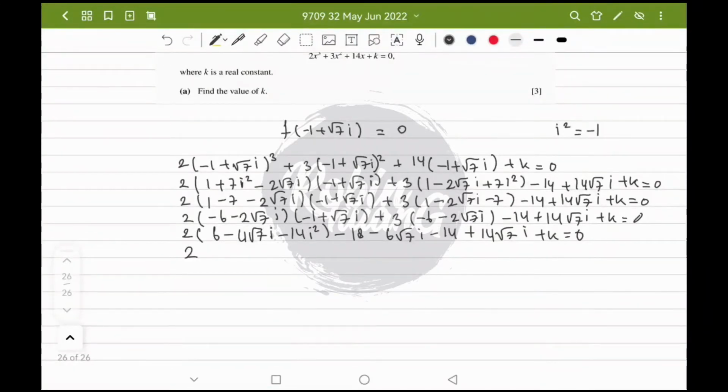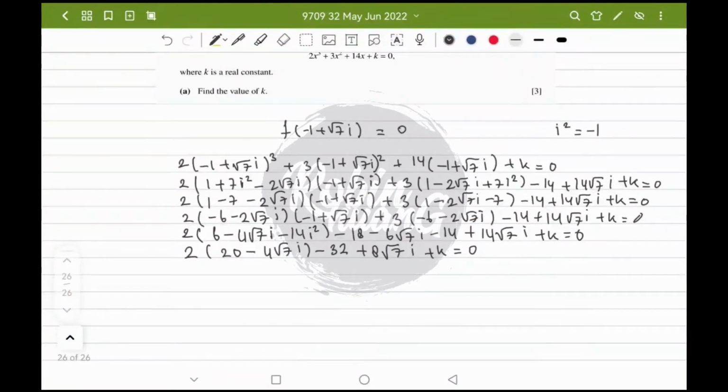Now this becomes 2 times (20 minus 4 square root of 7i) minus 32 plus 8 square root of 7i plus k equals 0.